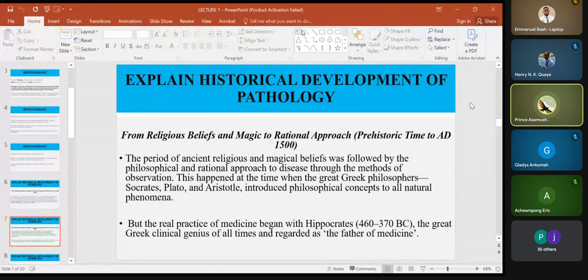We decoupled it entirely, and then philosophers like Socrates, Plato, Aristotle came with intellectual understanding, philosophical concepts to understand certain natural phenomena. They were good.